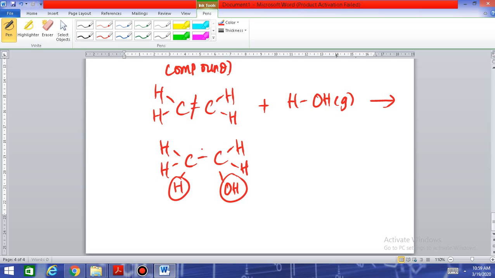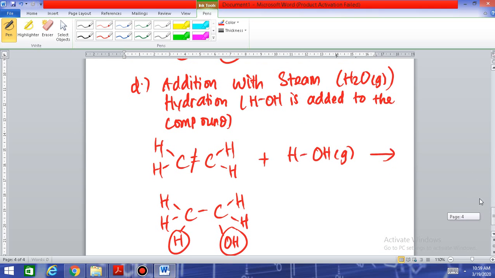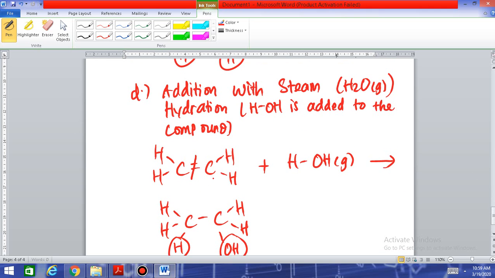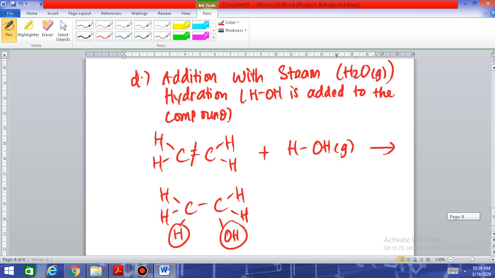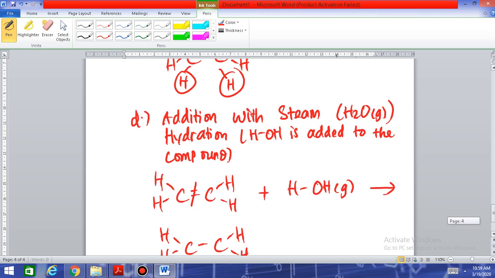They are added to the carbon atoms. So alkene can be hydrated to produce alcohol. In this case, ethene is hydrated with steam or water vapor to produce ethanol.